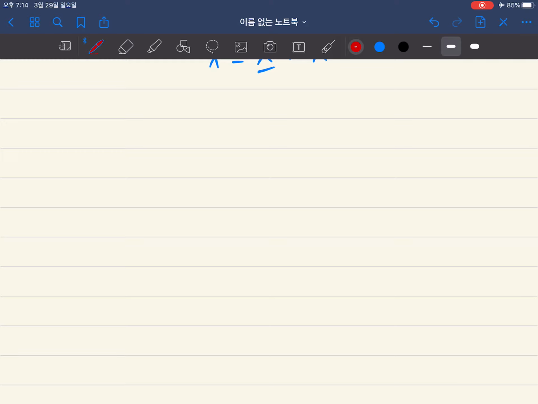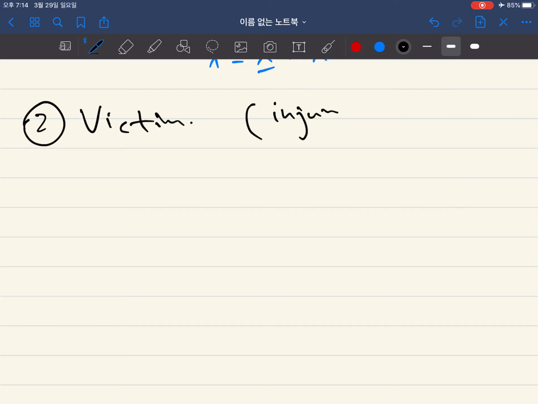And now let's move to the second part. We want to show victim wants to choose Y star when injurer is choosing X star. So look here. We are under negligence rule and injurer is choosing X star, which is equal to due care.